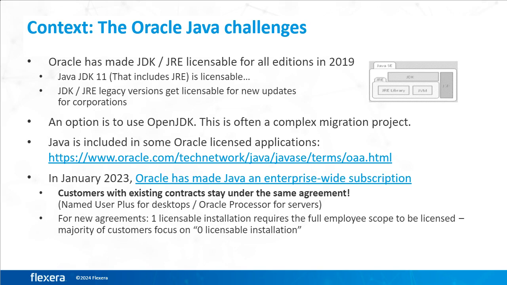The other change, back in 2019, which feels a long time ago, was that Oracle made the JDK JRE license available for all editions starting in 2019. One famous example is Java 8, which is still there, where there was an update. I'm not sure what the current update is, but there was one update where it was mandatory to have the subscriptions.